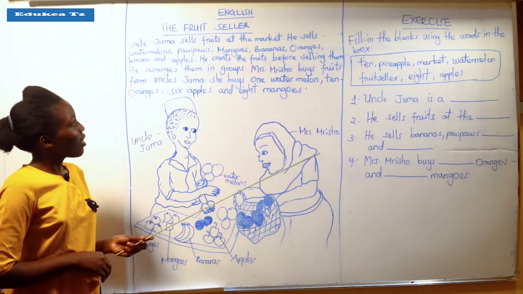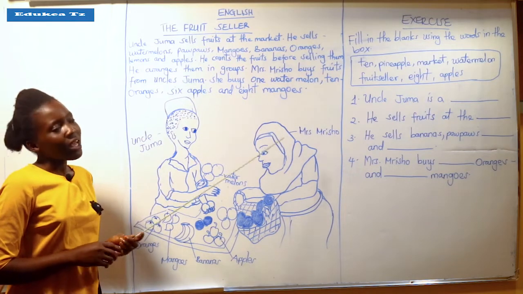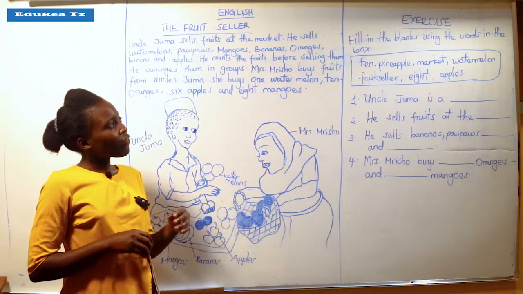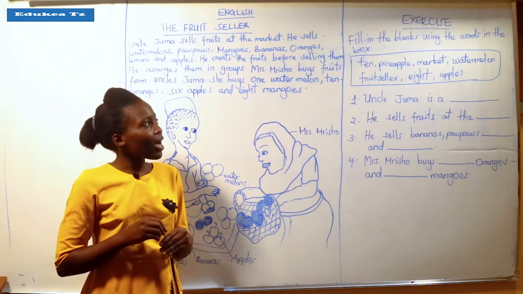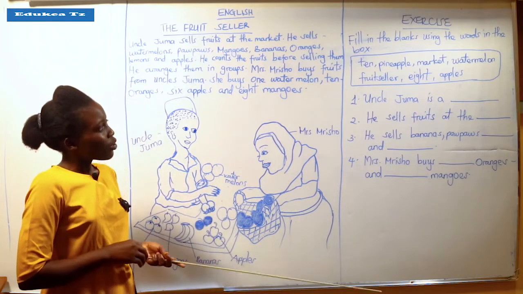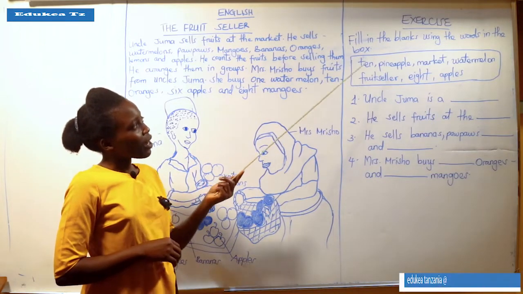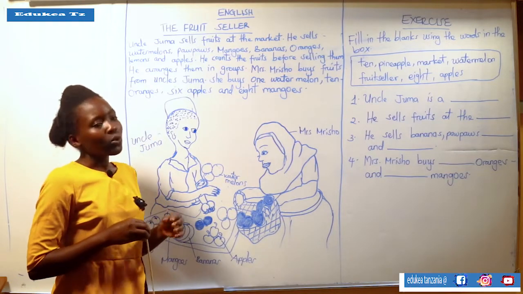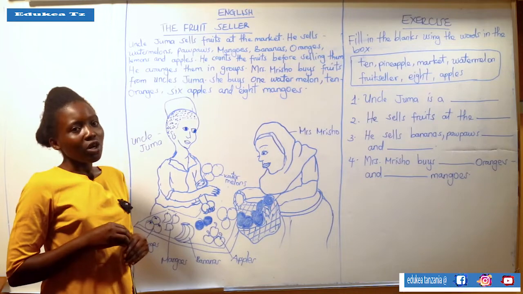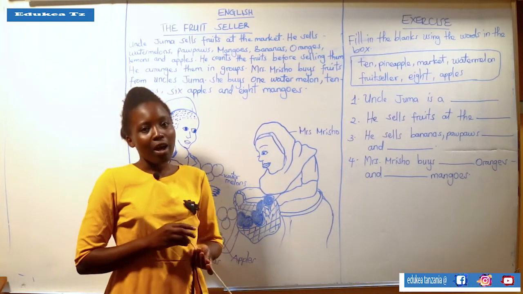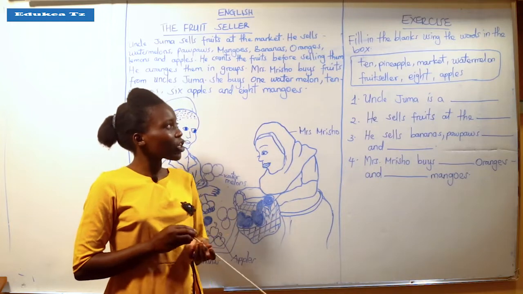After seeing the short story about the fruit seller, which is Uncle Juma, the following is an exercise which will help us to know what we are going to answer. We use this story about the fruit seller to answer the questions. There are 4 questions.